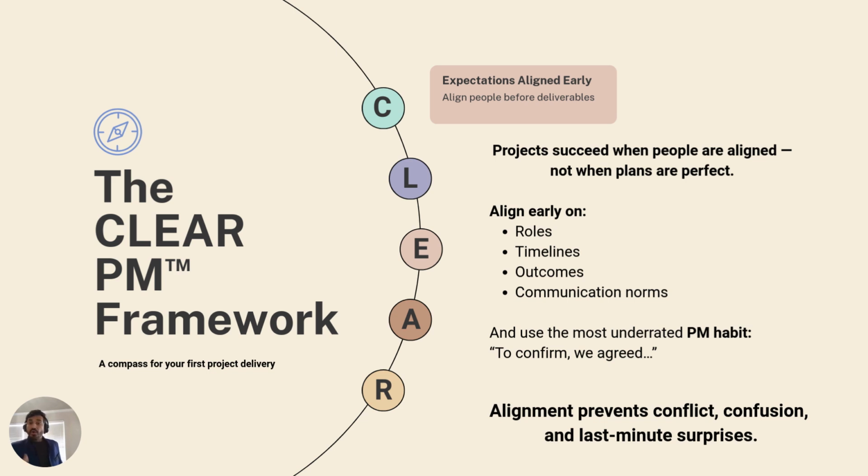Alignment prevents conflict, confusion, and last-minute surprises. You always feel like, man, we are missing something. But when you align expectations, people feel like, okay, we are all on the same page. In any meeting, we are all talking about the same thing, same deliverables, same timeline. So E is very, very important.